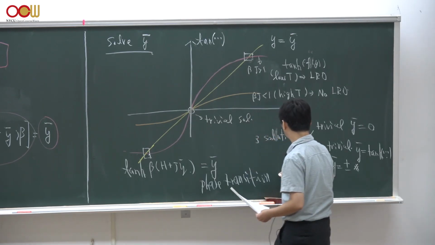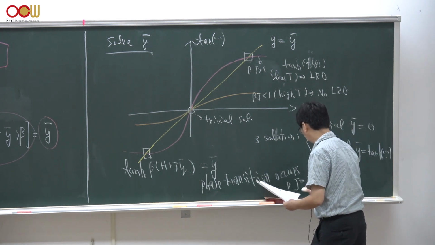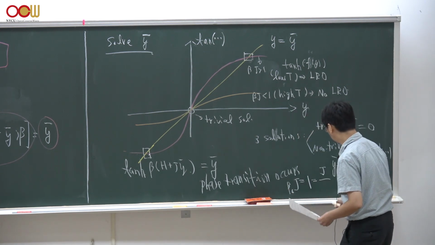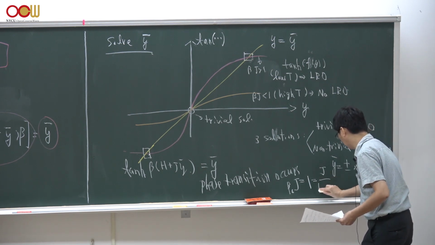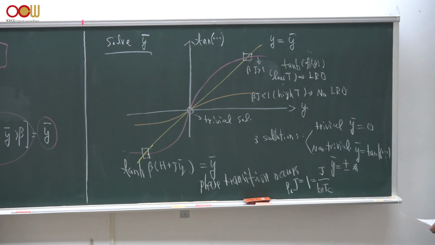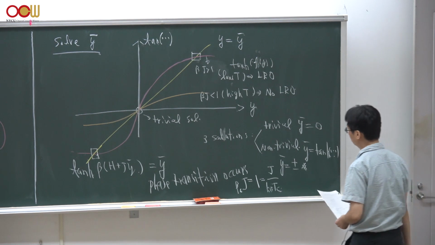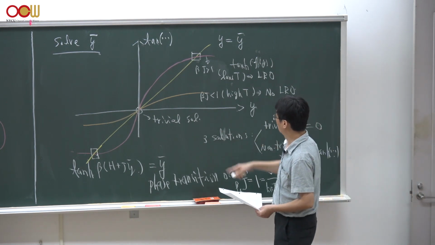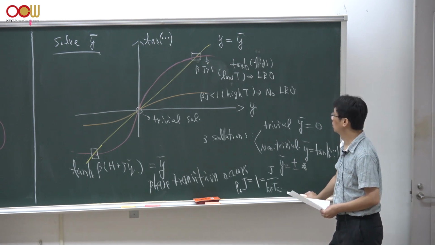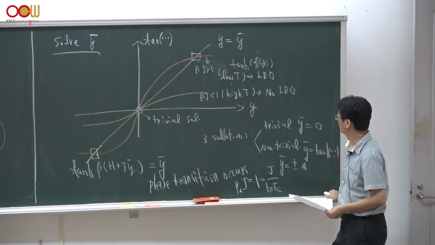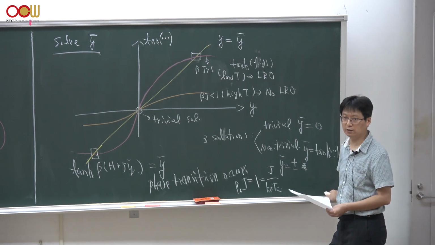So the phase transition occurs exactly when beta J is 1, okay? In terms of Tc, or transition temperature, this is J divided by Kb Tc. So in other words, when J is the same as Kb Tc, you get a phase transition. So when T is larger than Tc, you end up in the disordered phase, but when temperature is lower than Tc, you get the ordered phase.